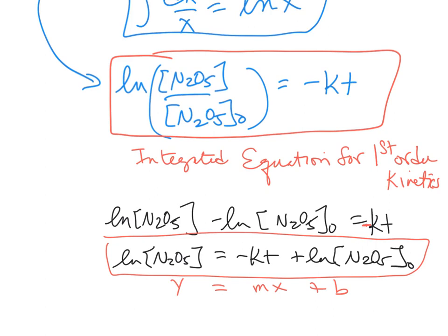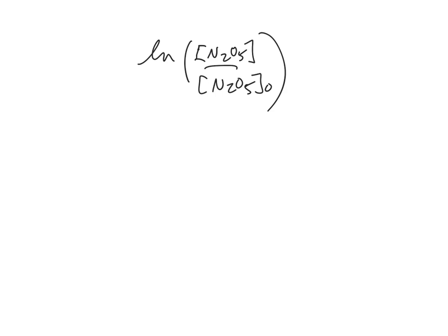The next thing we can do is look at, again, the first form, natural log of N2O5 divided by N2O5 initial, and that is equal to negative kt. That was in the first box.